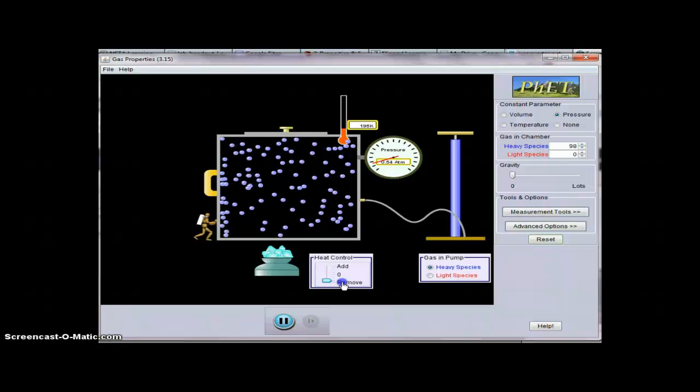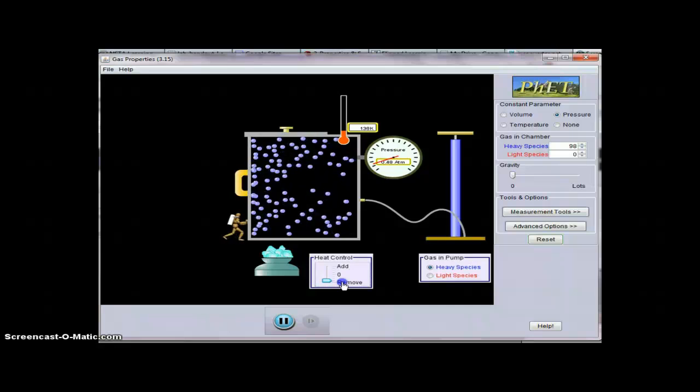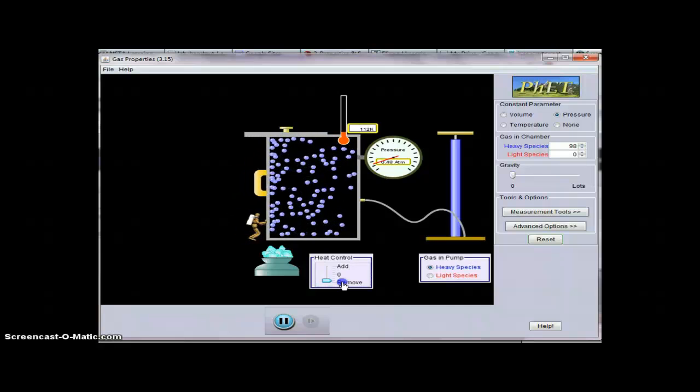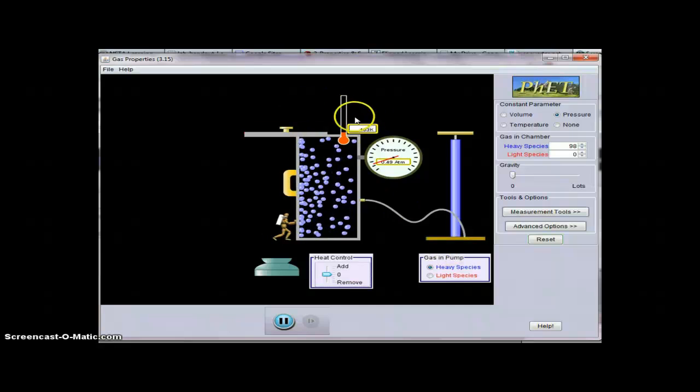The little scuba guy is going to make the box smaller. So with the decrease in temperature, we have a direct decrease in volume as the box got smaller. When temperature decreases, the molecules are moving less, and therefore they require less room to move around, so the volume of the box can decrease.